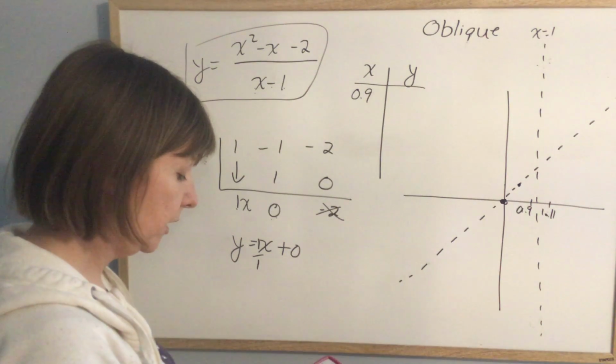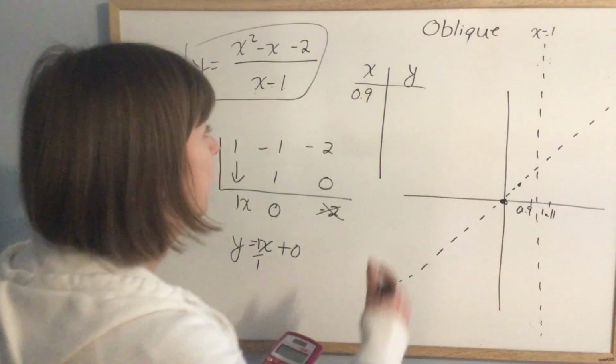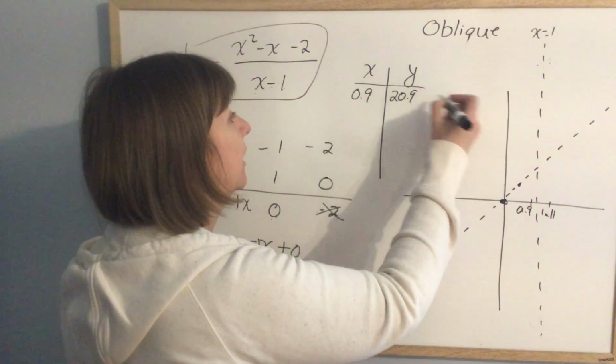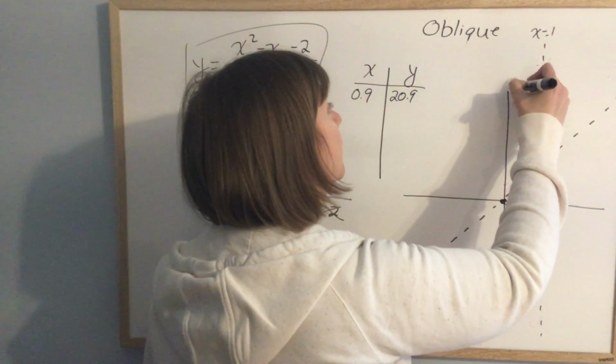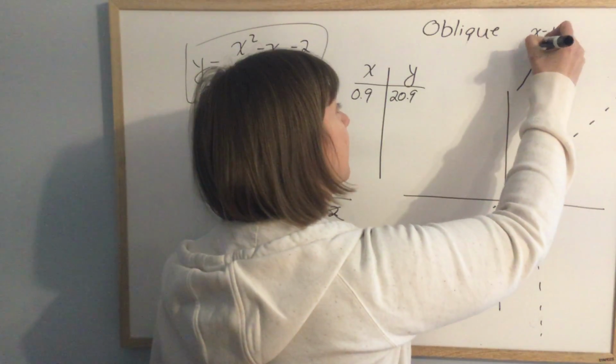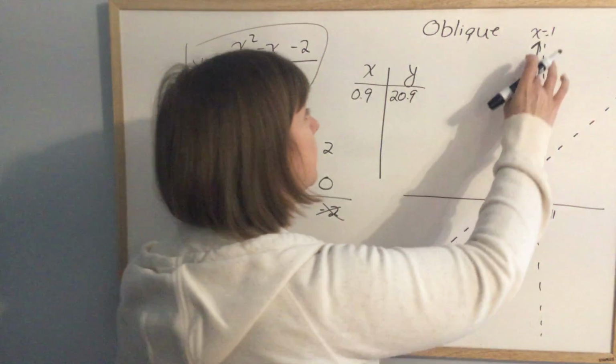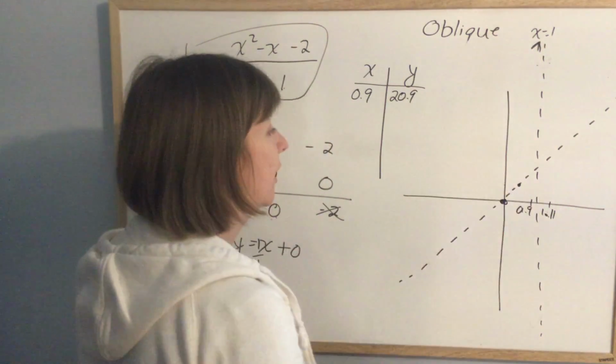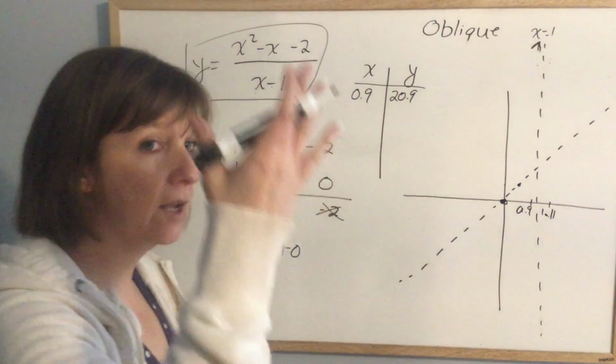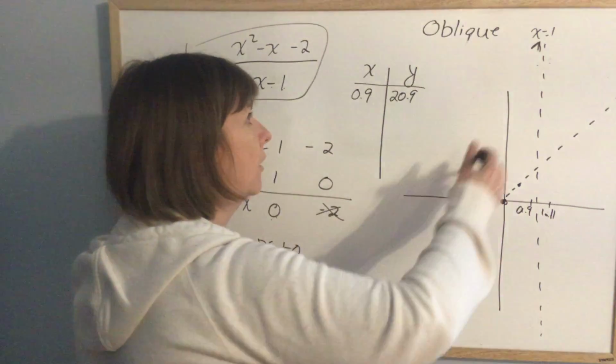So if I divide by negative 0.1, I get 20.9. I get a very large number. So close to the left-hand side of the asymptote, the graph is going up. It's increasing. There's no horizontal asymptote, so there's no reason why it can't just go down.